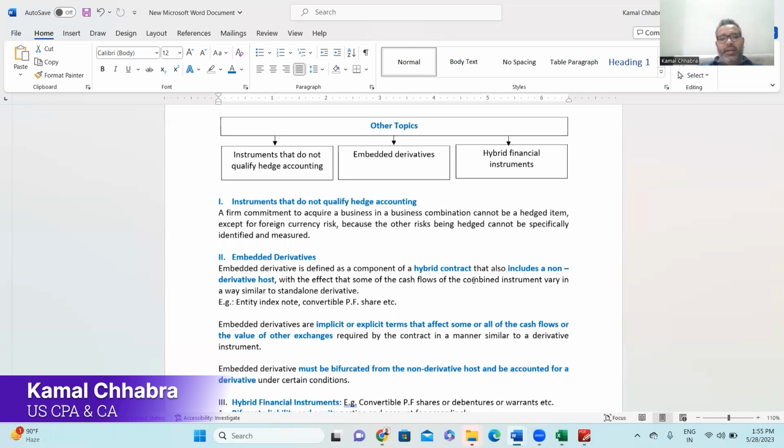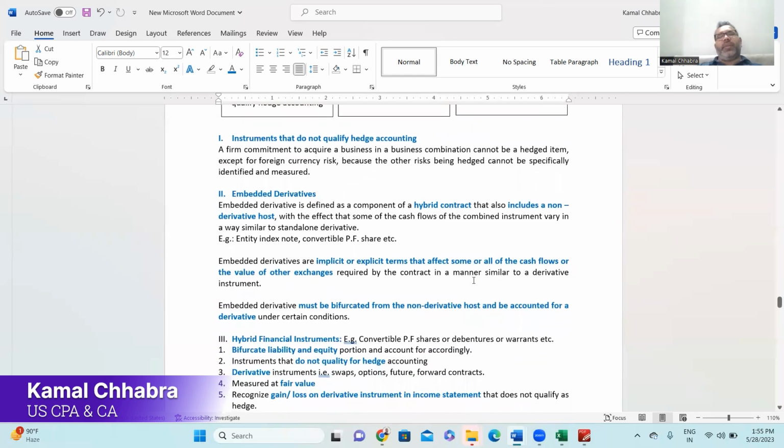Second is embedded derivative. That means you have a certain instrument in which something is embedded as a term and condition, which is resulting in that instrument becoming a derivative instrument. Derivative instruments would be your fair value, cash flow, or foreign currency exposure hedge, right?